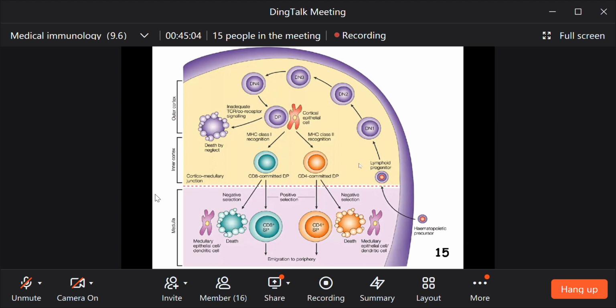The immature T cell from the bone marrow arrives at the thymus through blood vessels.